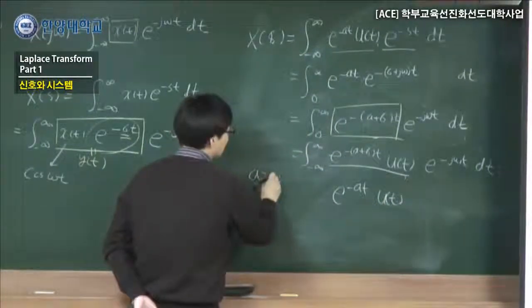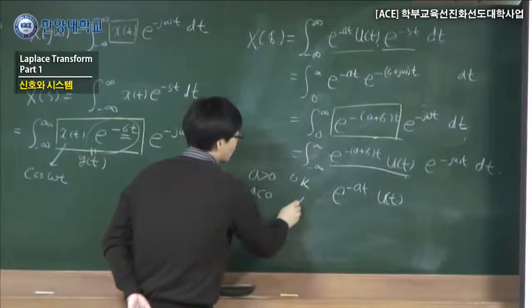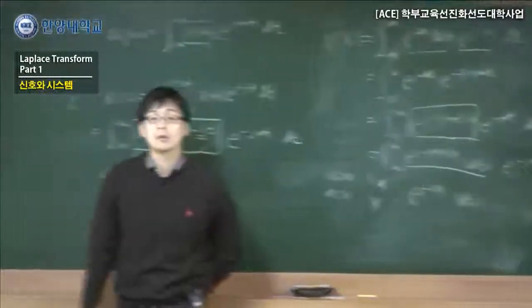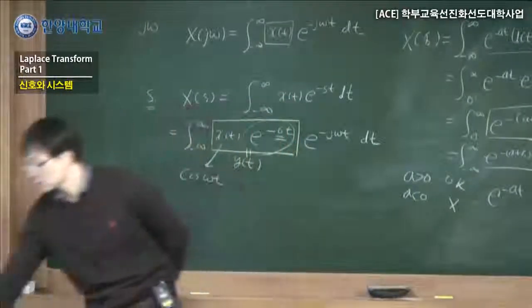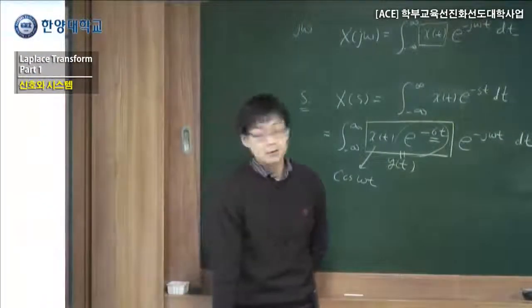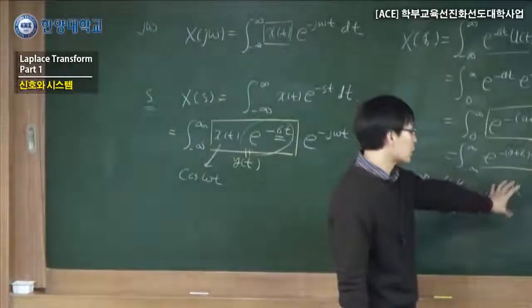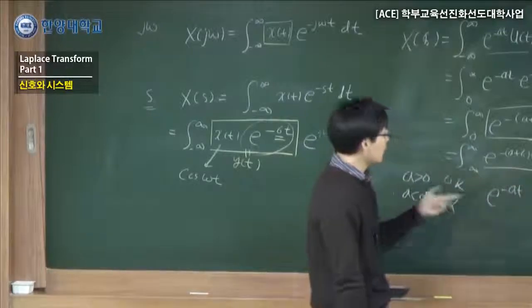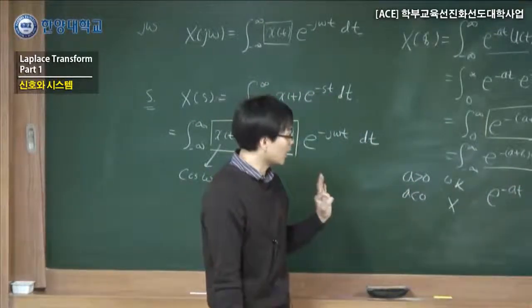If a is positive, they converge. If a is negative, they diverge, which is not okay. In the previous example, we say e minus at ut is our transform in Fourier transform. If a is positive, they converge, which is okay.